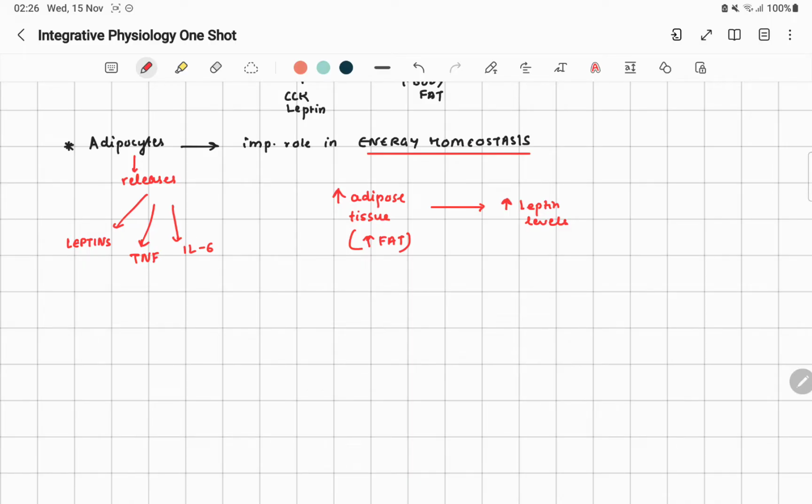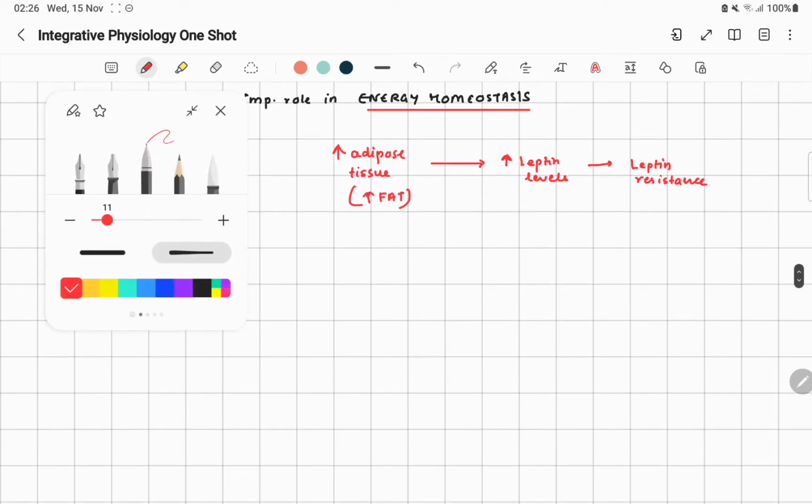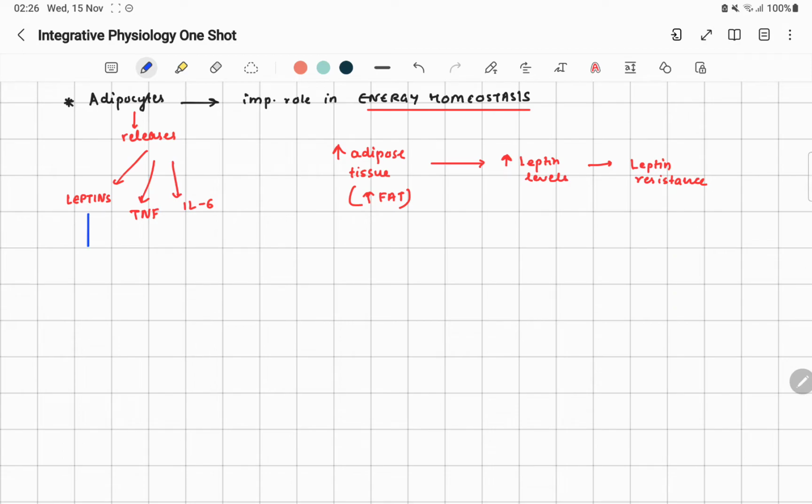Okay, and increased leptin levels will cause leptin resistance. What is the function of leptin?